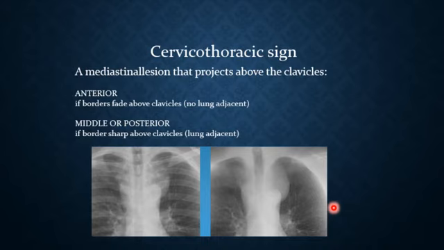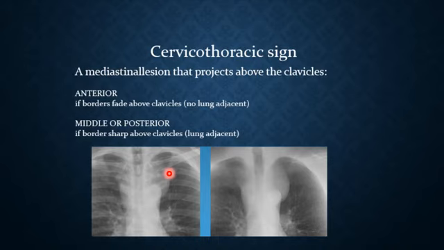Here, this is the clavicle, and the border above is not well seen, indicating it is anterior. Most of the time it will be thyroid, a retrosternal thyroid goiter. While if the borders above the clavicle are well demarcated, it means it is surrounded by lung, so middle or posterior.